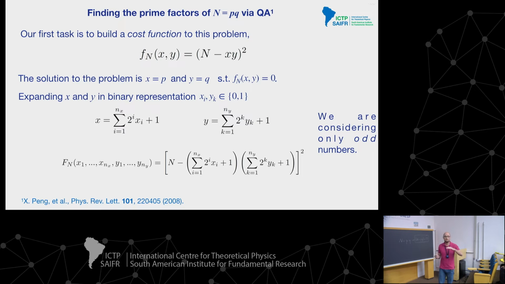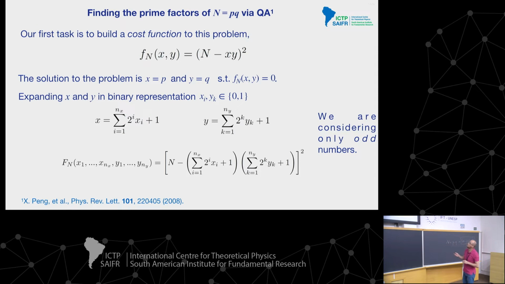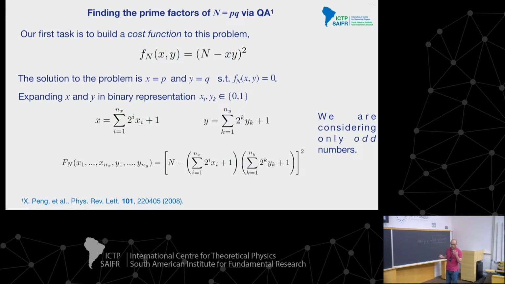So I know that the closer I am to the 0 here, the closer I am to the final solution to the problem. That's the idea. Otherwise, if I don't have this square here, it would be possible to have negative values, and negative values can go to minus infinity, for instance.